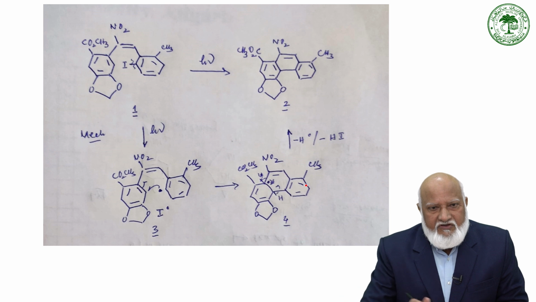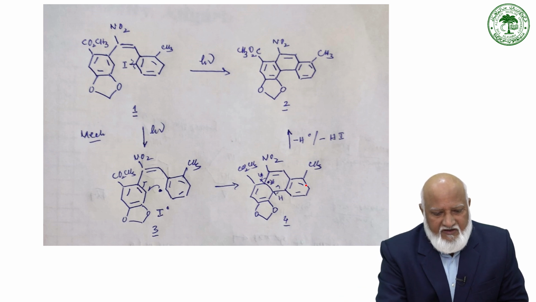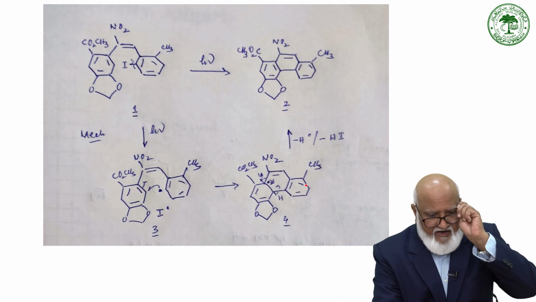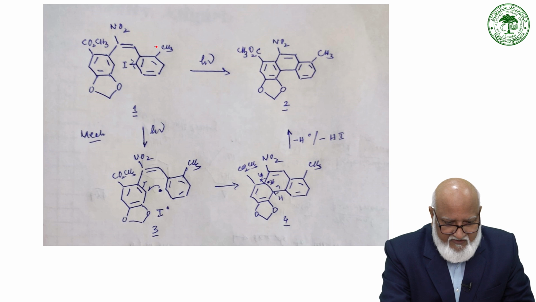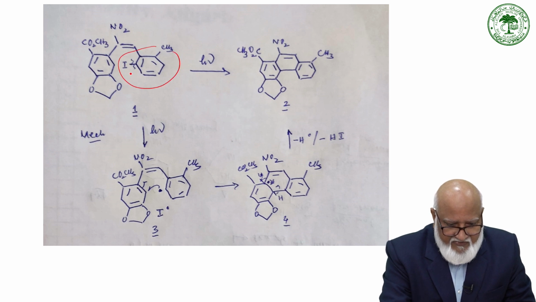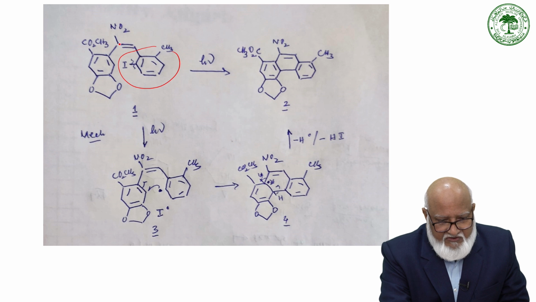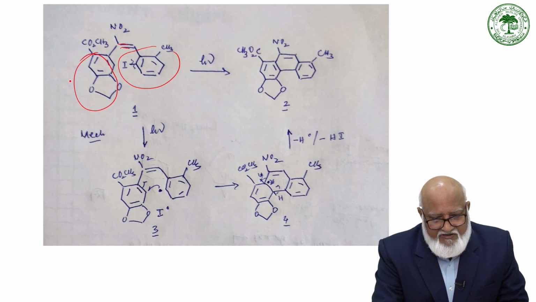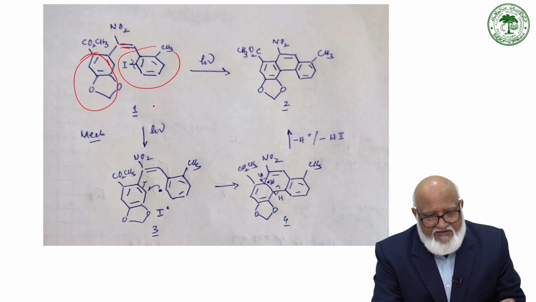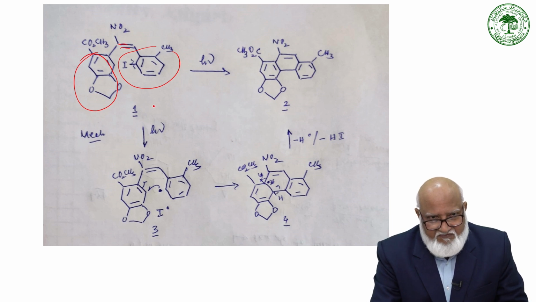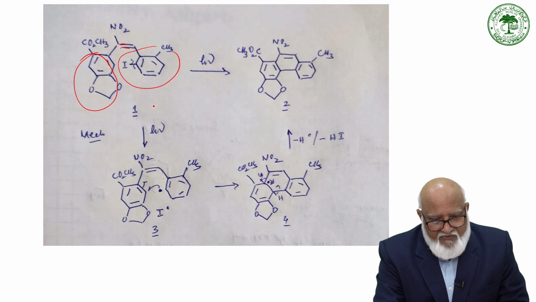In the first example, this is an aryl iodide connected to a benzene ring through an alkene double bond, with another aryl moiety here. The two aryl groups are separated by a double bond in a cis arrangement, or it can undergo cis-trans isomerization as well.